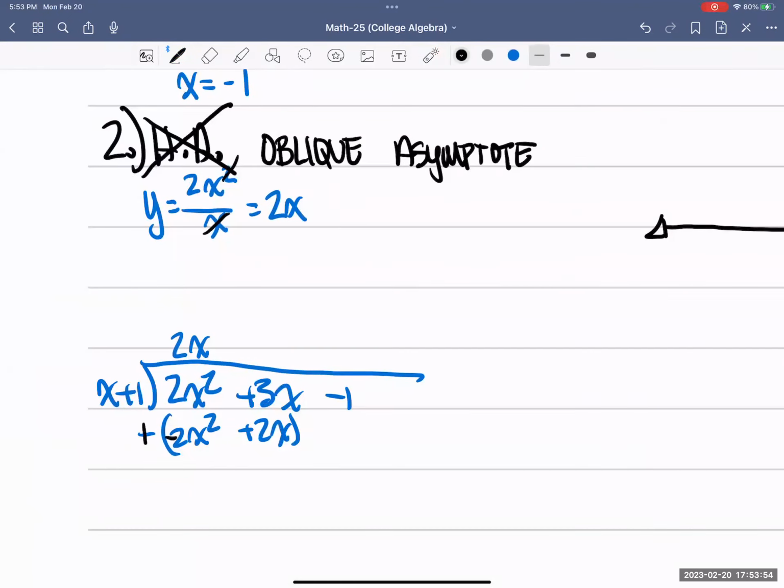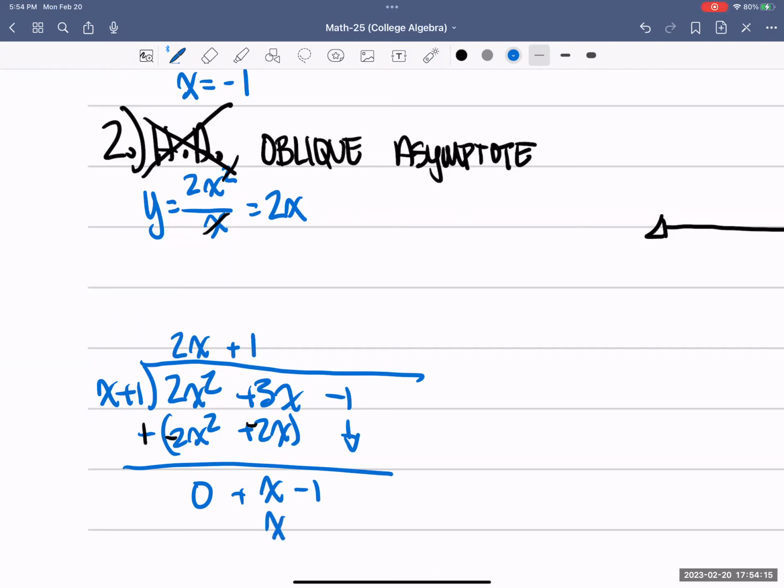So let's change the sign of everything to make it a little bit easier to add. That's going to be 0, that's going to be x, and then bring that 1 down. And what do we multiply to x to make it look like x? Well, technically nothing, but we're going to multiply it by 1.